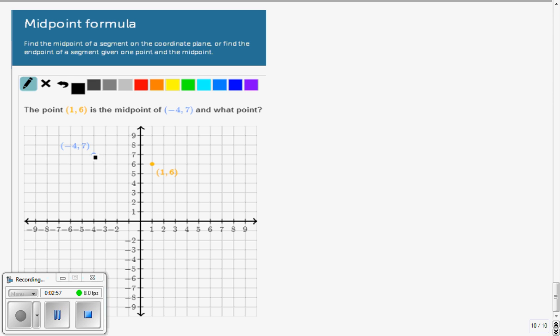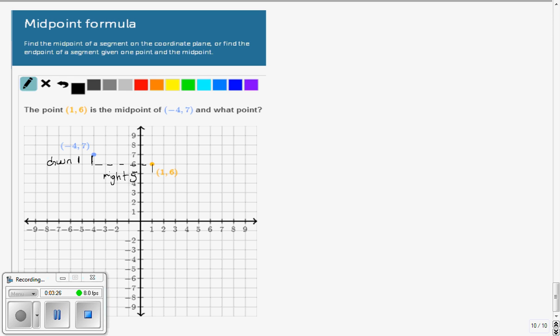In order to go from an endpoint to the midpoint, how far up or down did I have to go? I had to go down 1. Then I had to go right: 1, 2, 3, 4, 5. Since the midpoint is the exact middle, I'm going to do this again to get to the other endpoint.